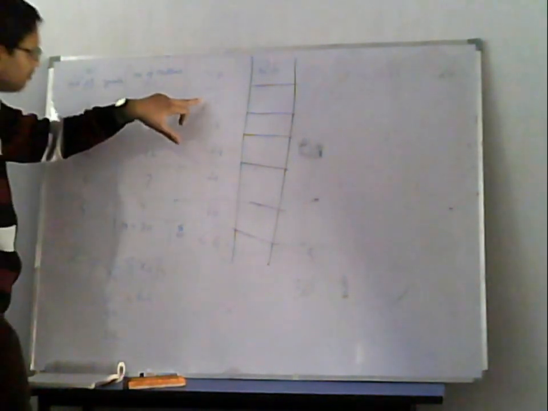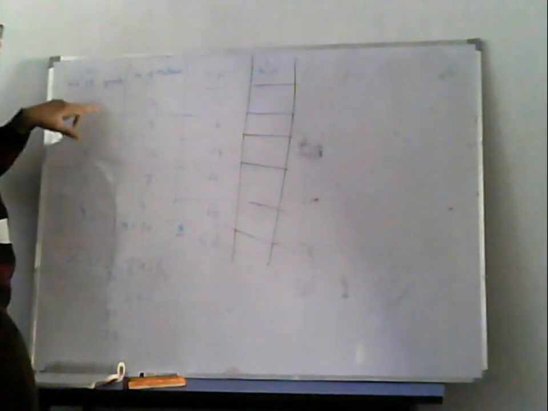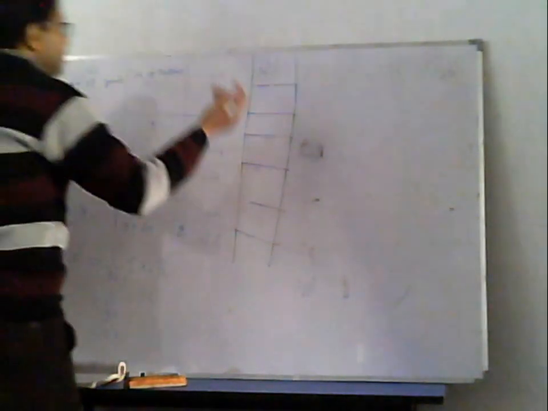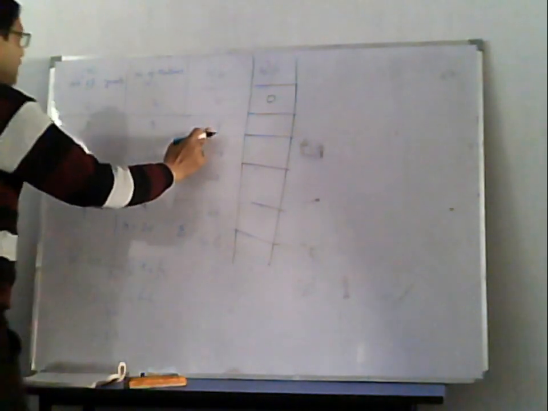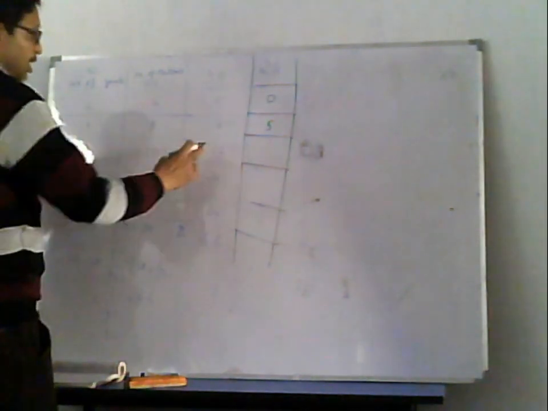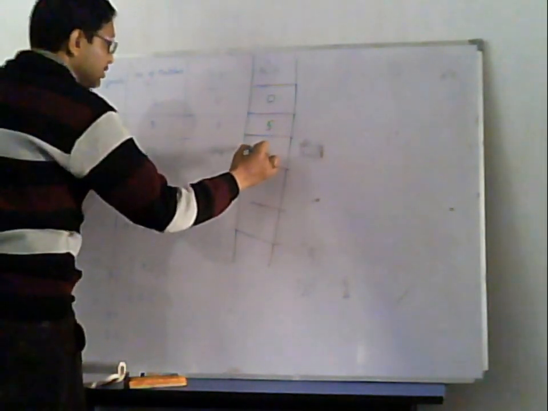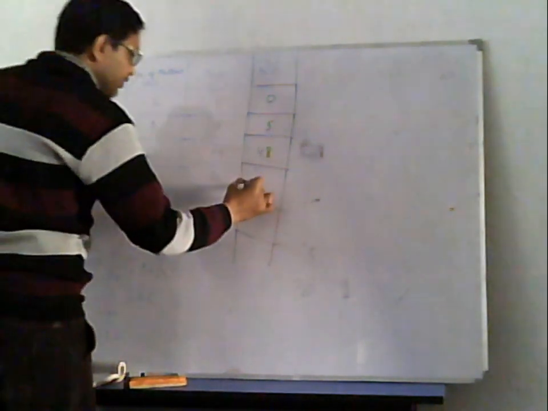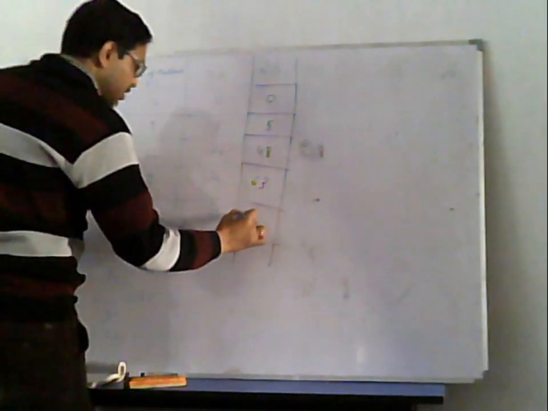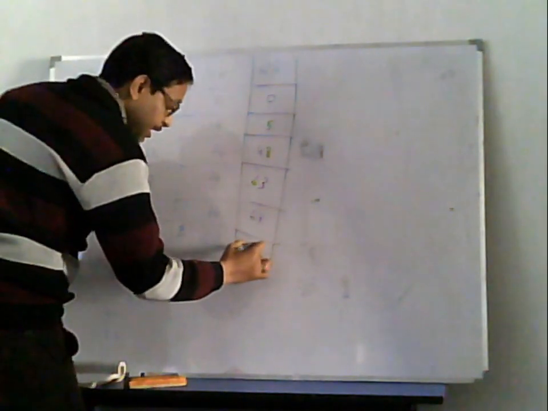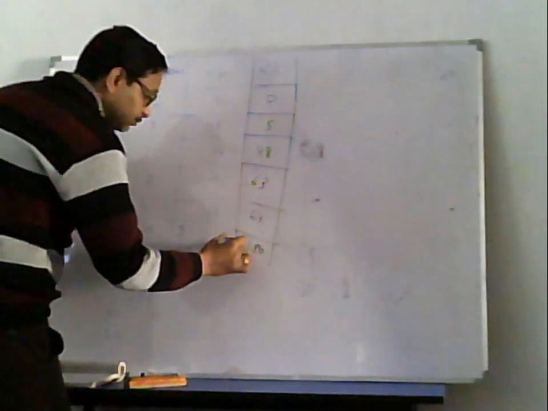We just multiply this xi fi with xi, then we get xi square into fi. So 0 multiplied by anything is 0. Next, xi fi is 5 and xi is 1, so this is also 5. 24 into 2, that is 48, 63 and 64. Now the summation is 180.